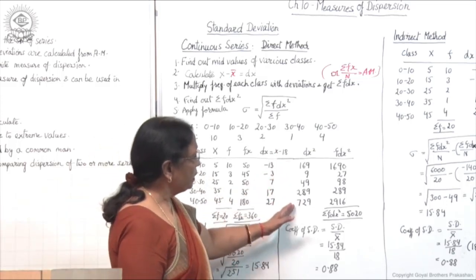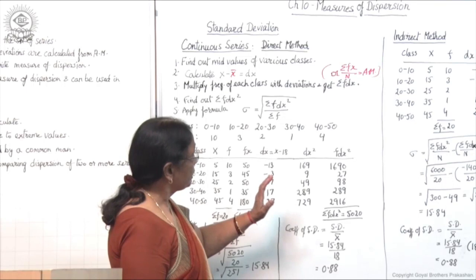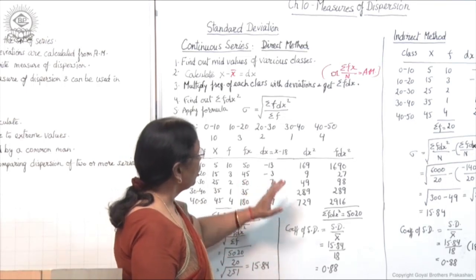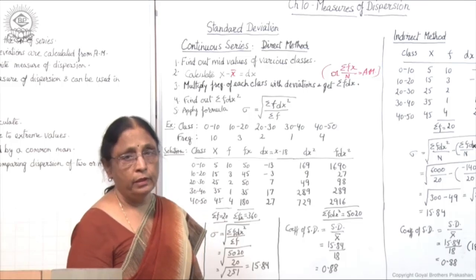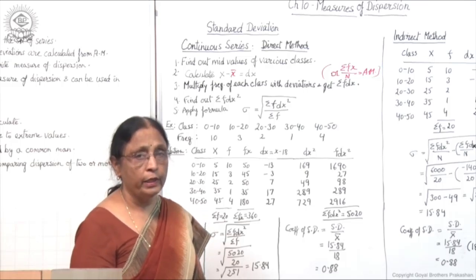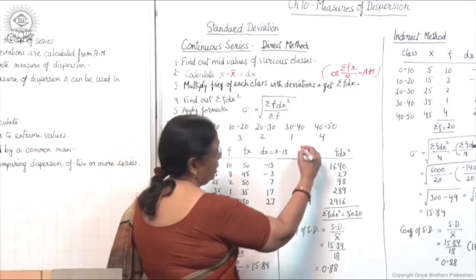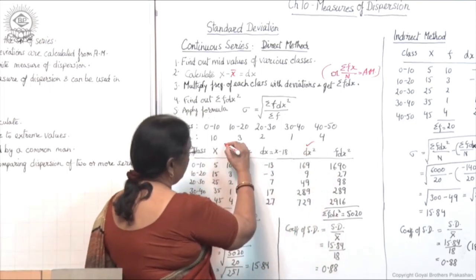This way you have got dx square, but still your work is not complete because you need f dx square, right. How do we get f dx square? Multiply the dx square column with frequency.